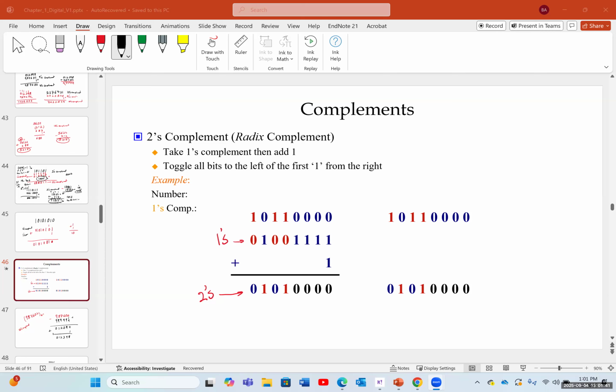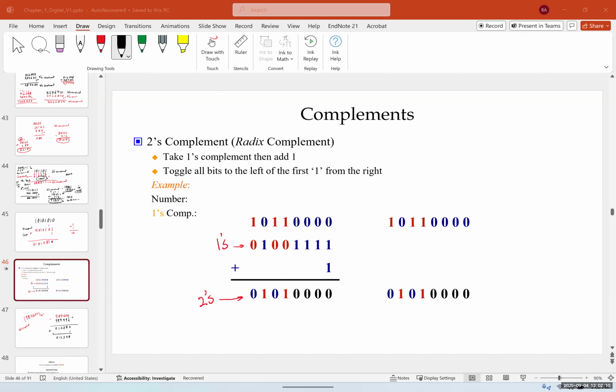I will show you another way to solve the complement problem and how to find a complement of a binary or a decimal number. And then we will start with subtraction: how we can subtract binary and decimal numbers using the radix complement.